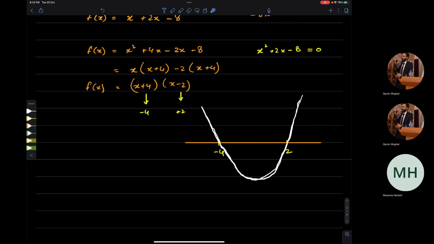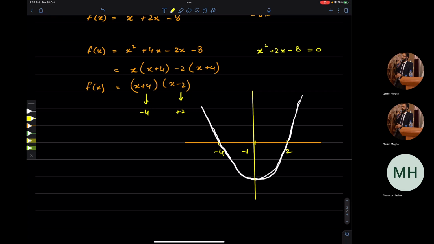Now, what is the midpoint of negative 4 and 2? We add the two and then divide by two. Negative 4 plus 2 is negative 2. Negative 2 over 2 is negative 1. So the line of symmetry is going to pass through negative 1.